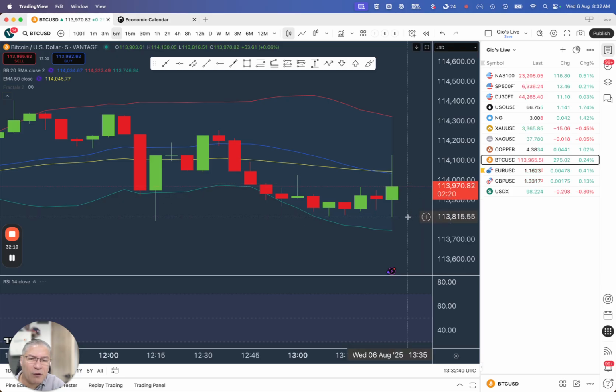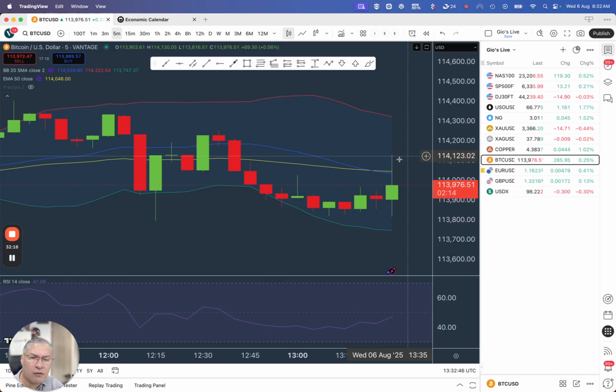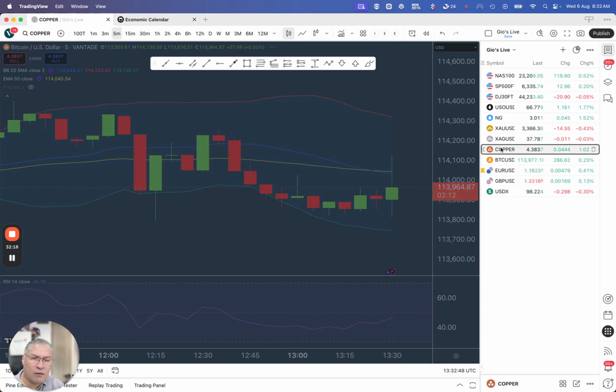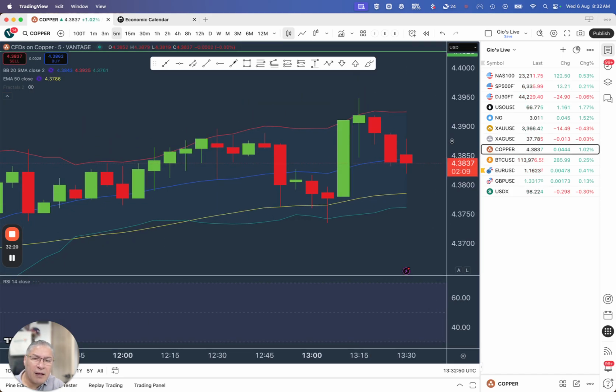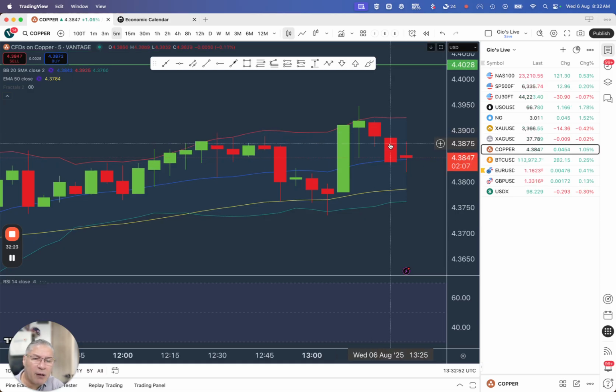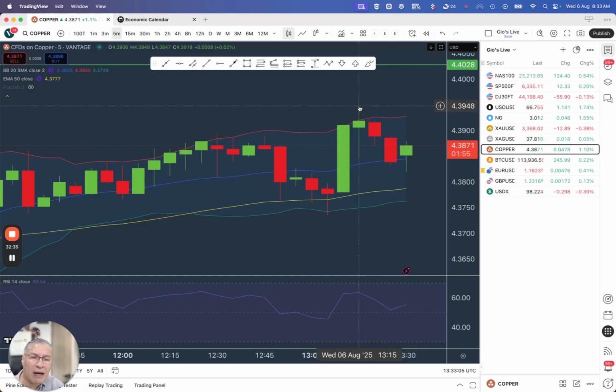Bitcoin, you see Bitcoin moves by thousands, 113,815, and then the high 114,130. So it's fluctuating, obviously. All right, so we have copper, parabolic movement, retracement, finding support around the 20-day moving average. Will that be enough for it to make another attempt at the previous high?